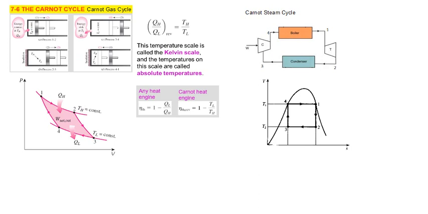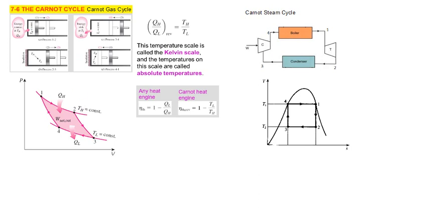And if we look at the gas cycle type of Carnot cycle in thermodynamics, we can see that the Carnot cycle comprises four processes.